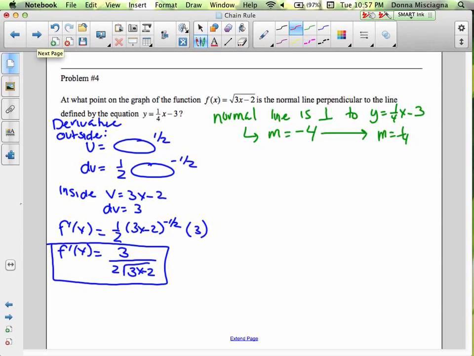our derivative, 3 over 2 square root of 3x minus 2. So this is the next part. Let's set that equal to 1/4, right?